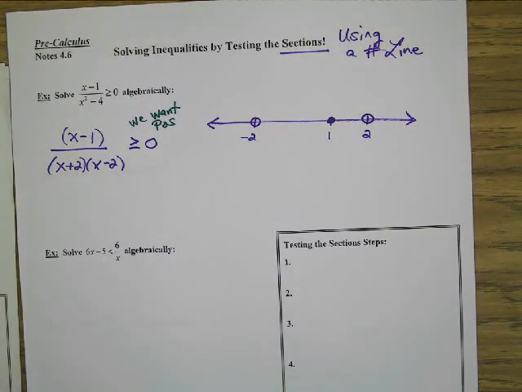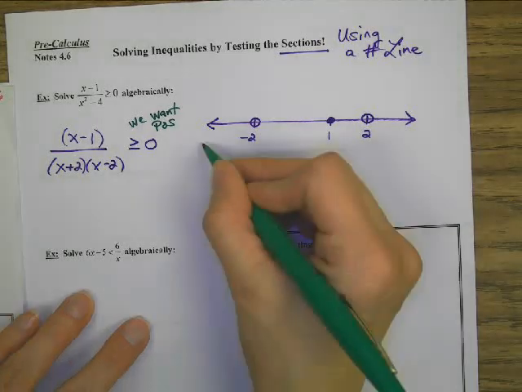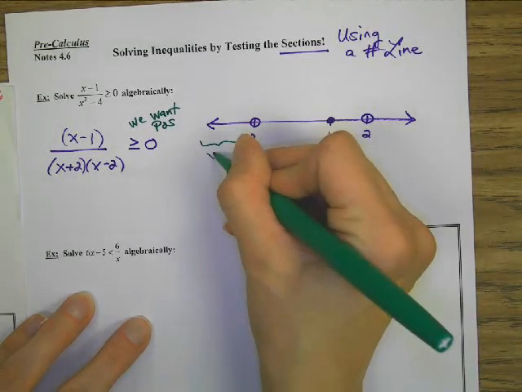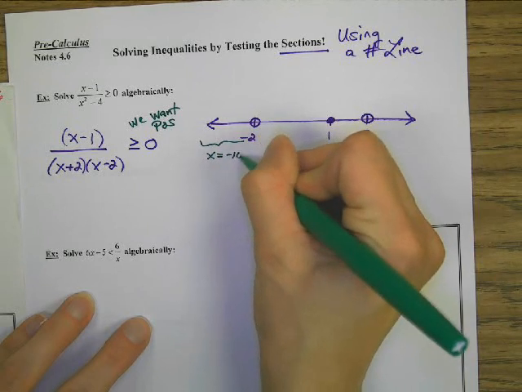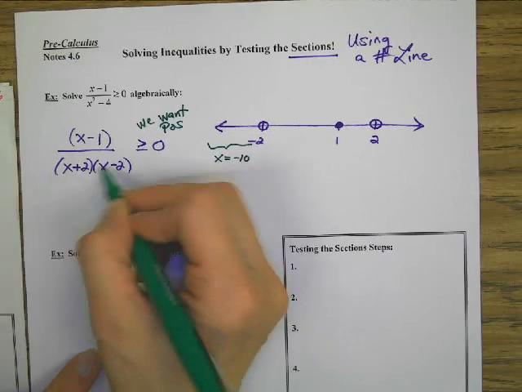So let's go ahead right here and pick a number in this section. I'm going to test the value x equals negative 10. I'm going to take negative 10 and plug it into each set of these parentheses. Negative 10 minus 1 is going to be negative, who cares?